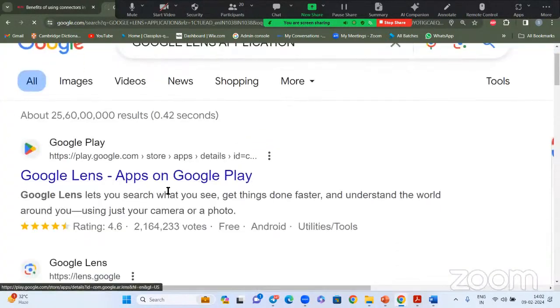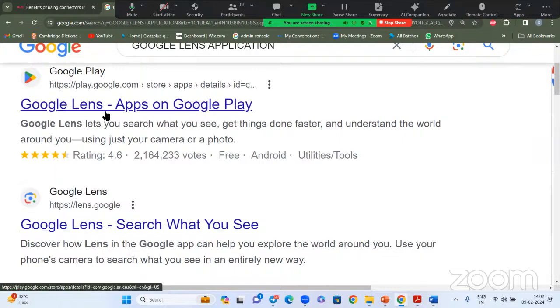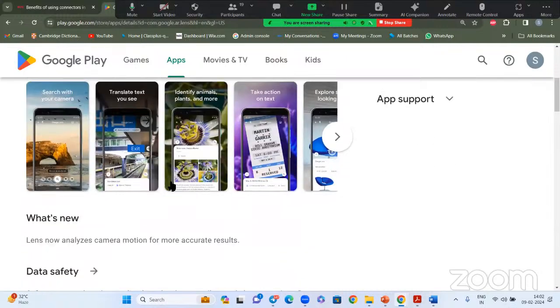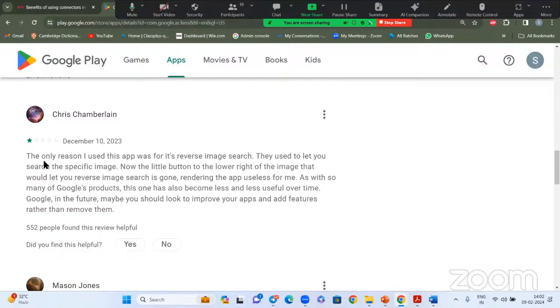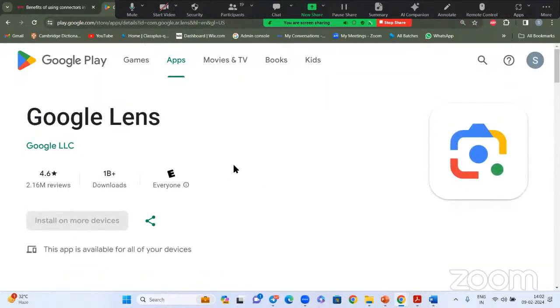It will show this image. Then you can project it on the screen and it will copy all your words and change it into word form, and it will give it to you as it is. And if any spelling corrections are there, you can make them. This is Google Lens. This is how you do it.